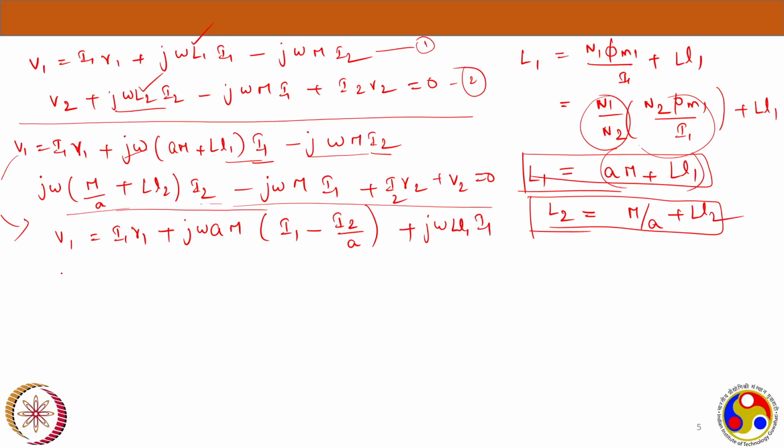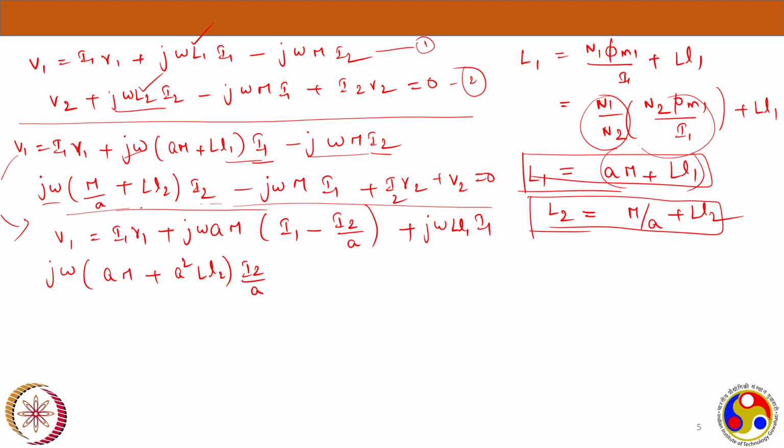Similarly, the second term, I'm just taking the term j omega. If I multiply with a here, aM plus a squared LL2, again I'm dividing it by a.